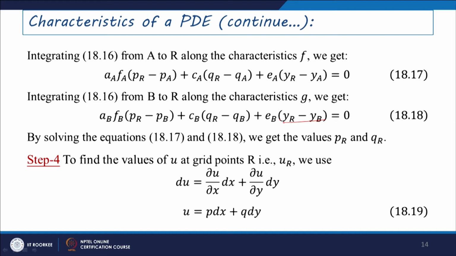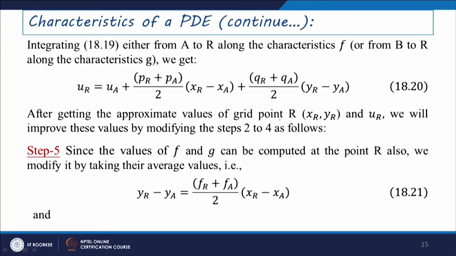To find the value of u at the grid point R, that is ur, we can use this formula: du equals del u by del x into dx plus del u by del y into dy, where u is nothing but p dx plus q dy. If we integrate this equation from A to R along the characteristic curve F, or from B to R along the characteristic curve G, we get ur equals ua plus (pr plus pa) by 2 into (xr minus xa), the distance from point A to R in the x direction.